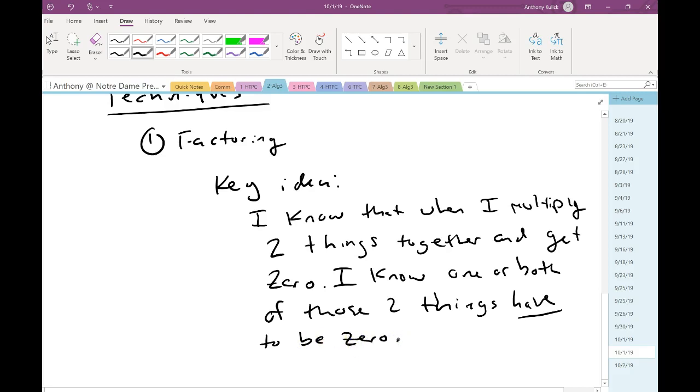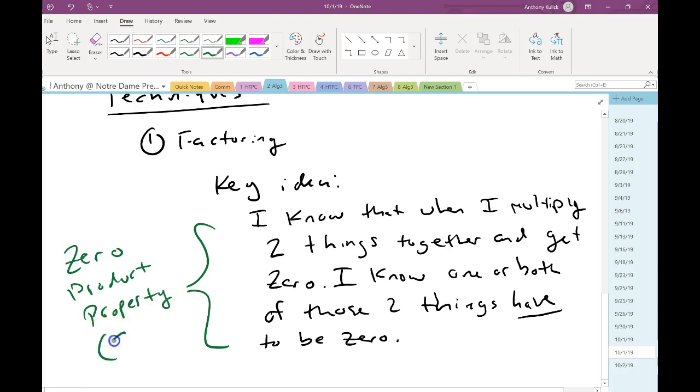This is the only number that this is true for. We give this observation a special name. We call this the zero product property. I often abbreviate that as ZPP.